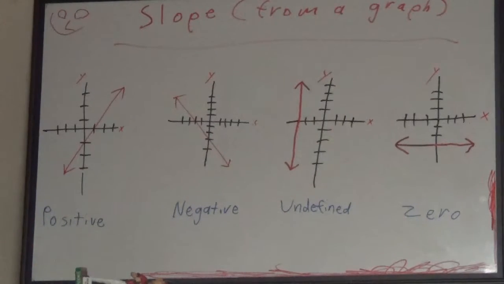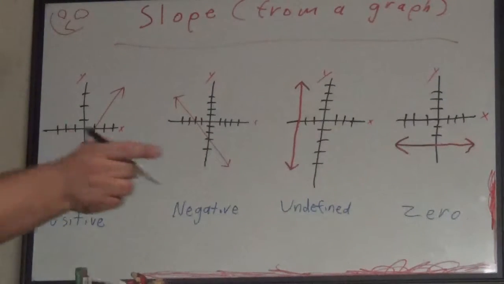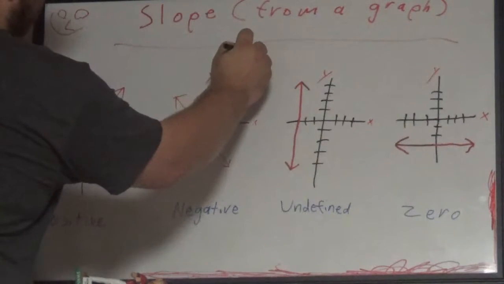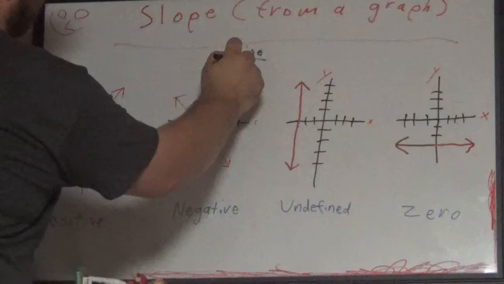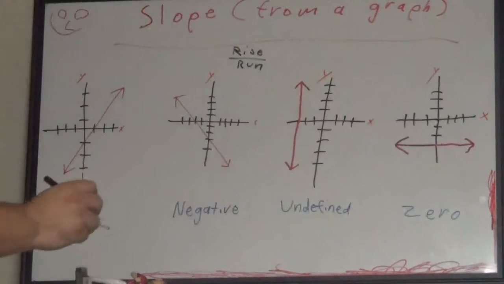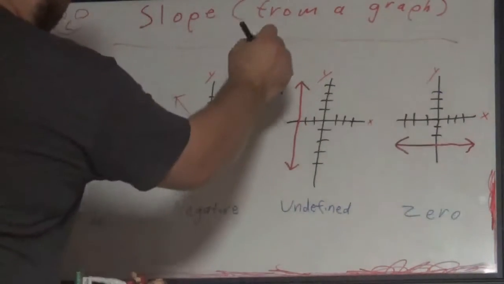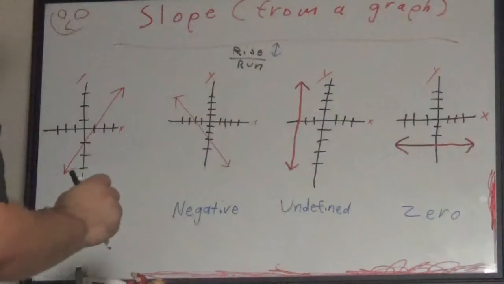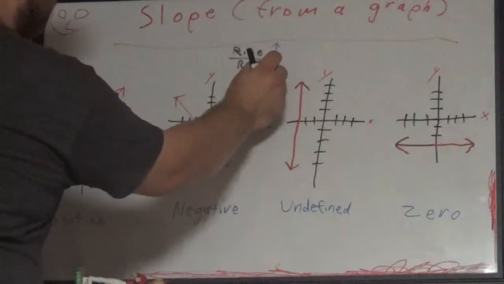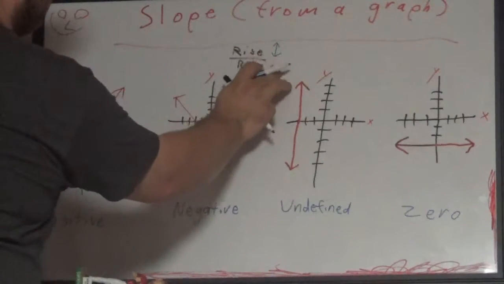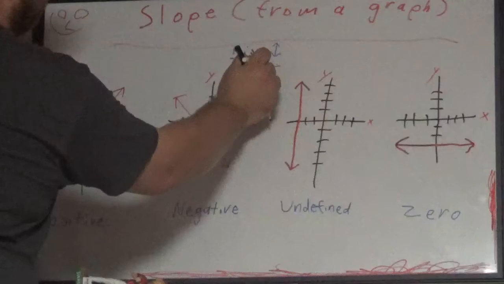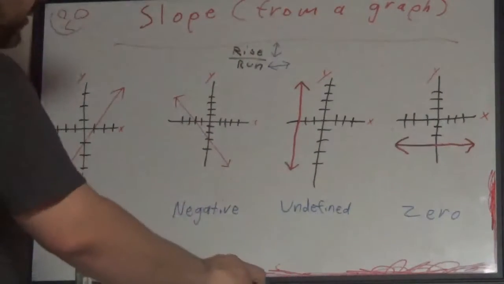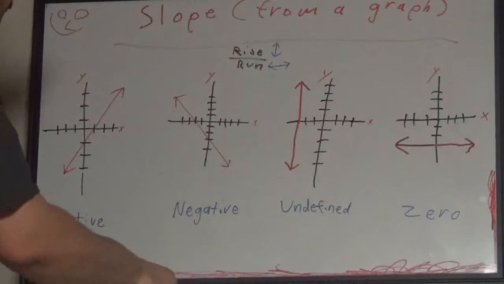Finding the actual slope. Now, some teachers don't like this saying these days, but I always learned it as rise over run. I think most people do. Rise refers to how far you go up and down, and run refers to left and right. Pretty easy to remember, which is the reason I like it.